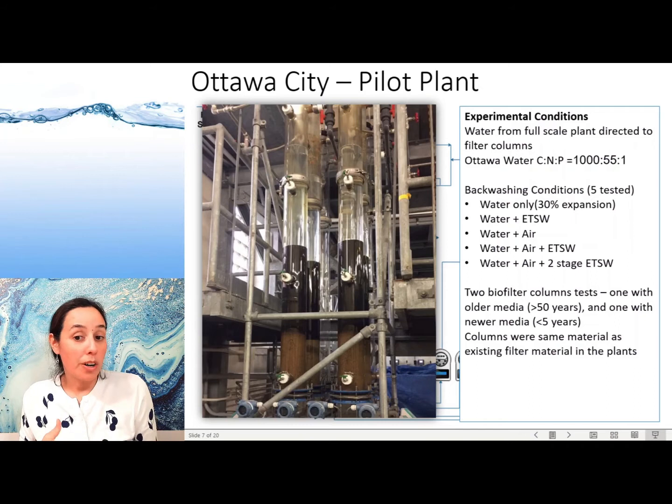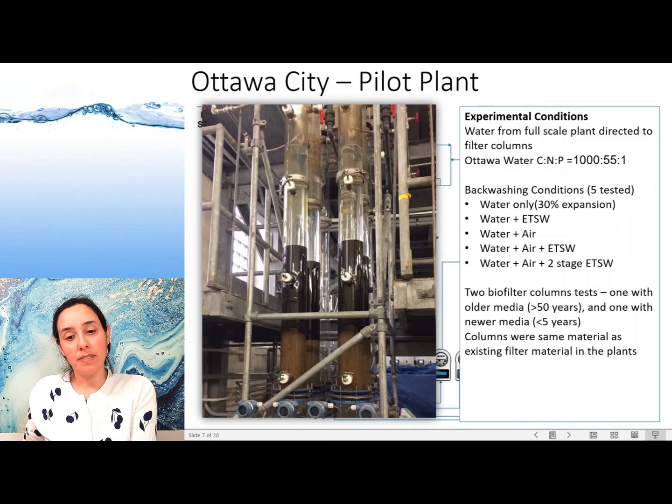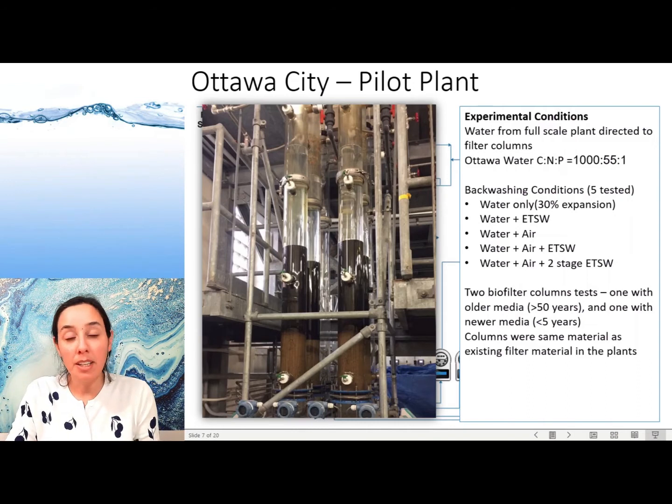We tested the water, the air, water plus air plus ETSW, and then somewhat novelly, the water, the air, and a two-stage ETSW procedure. One note is that the two biofilter columns had the same media, but one was more than 50 years old and the other was less than 5 years old. And the media reflected the material that's in the full-scale plant.